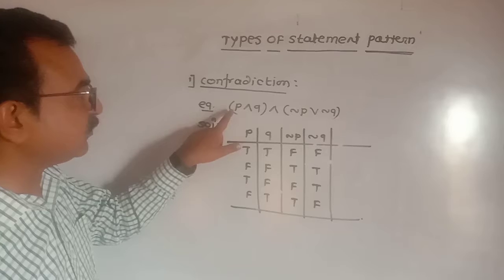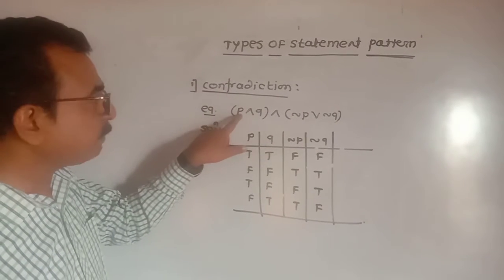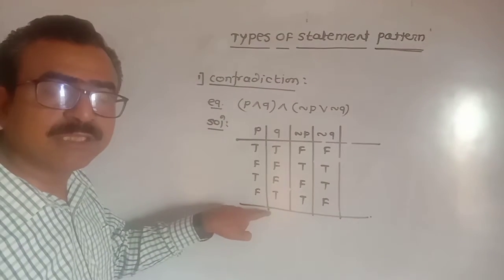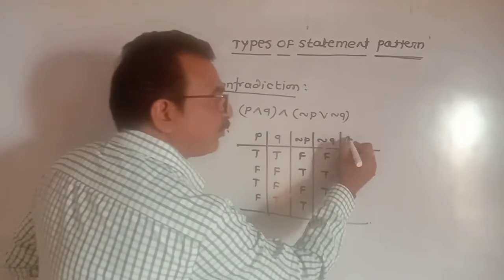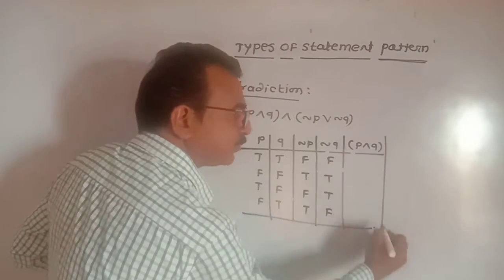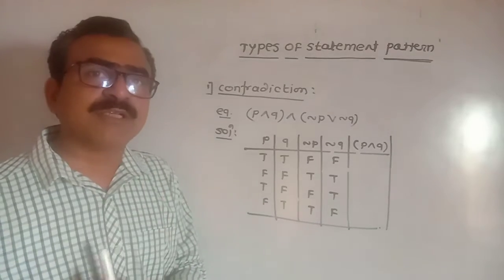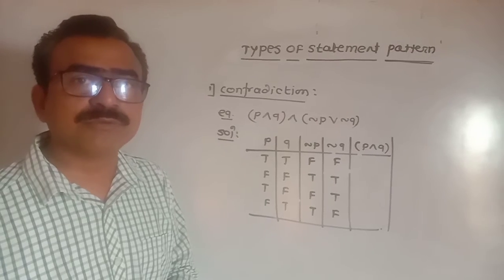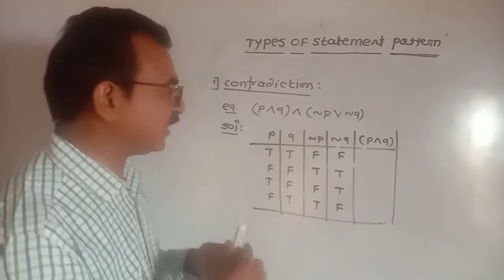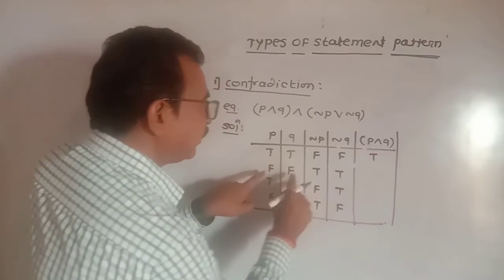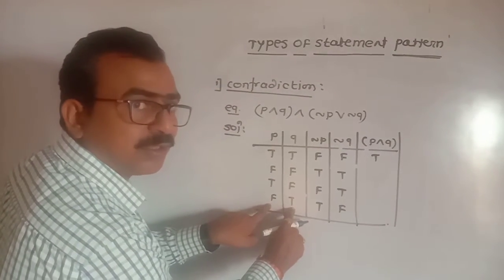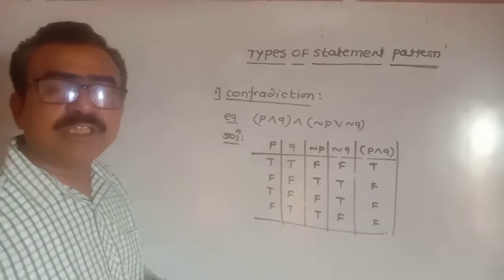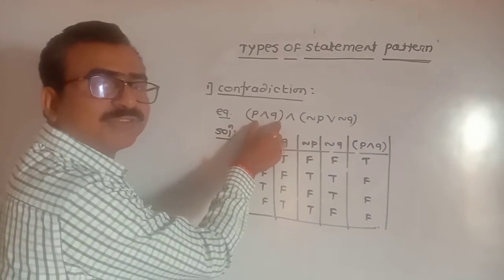Your first simple bracket is P conjunction Q. P and Q are available in our truth table, so find P conjunction Q. In case of conjunction, you know that only when both statements are true is their conjunction true. That means only when it is TT, write down T. TT, write T; for the remaining places, write down F. In this way you can solve the first simple bracket.